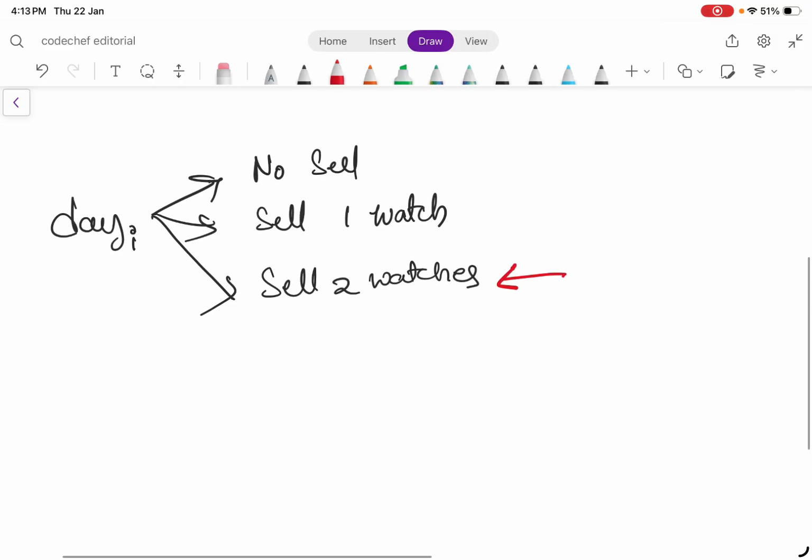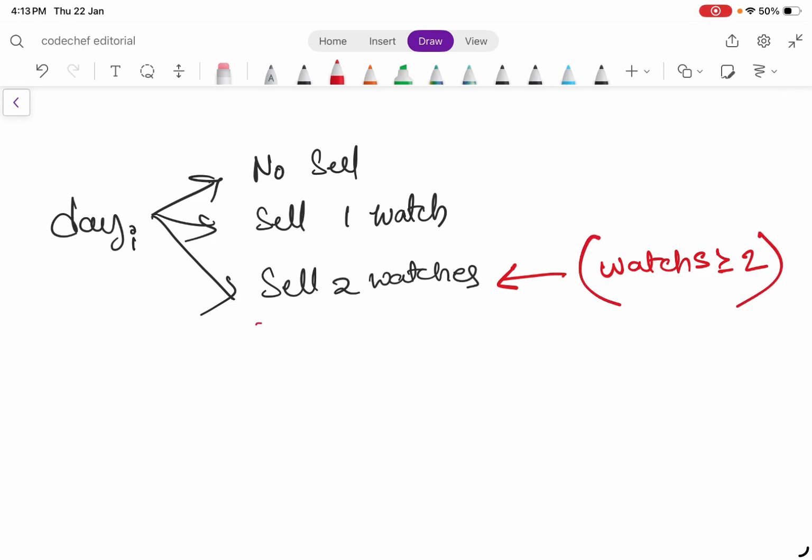Selling 2 watches is only possible when we have watches greater than or equal to 2. Selling 1 watch condition is always true because we know that on each day we get a watch for free, so this condition will always be satisfied.